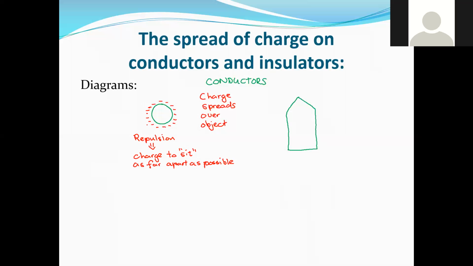Now, that is on a symmetrical object. A lightning detector would not be symmetrical, it's got sharp edges to it. So let's take electrons away from this lightning detector. Then the charge that will be on the object will be a positive charge. And because the electrons leave the object, this positive charge spreads over the conductor in such a way that they will be as far apart as possible.